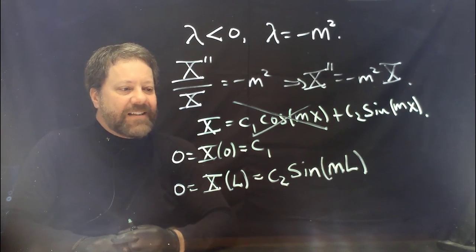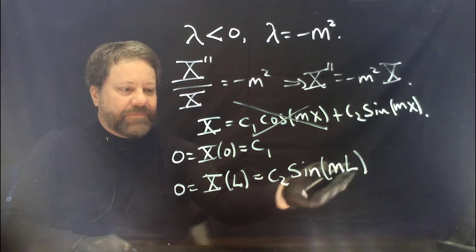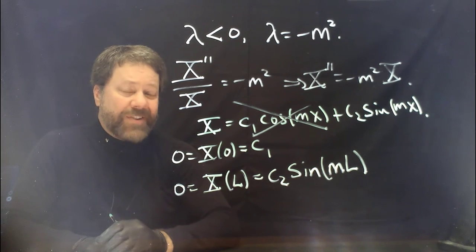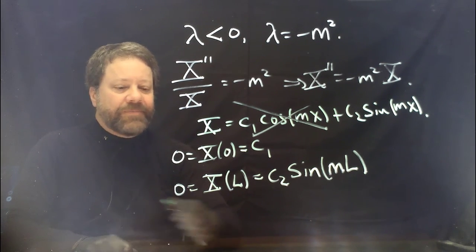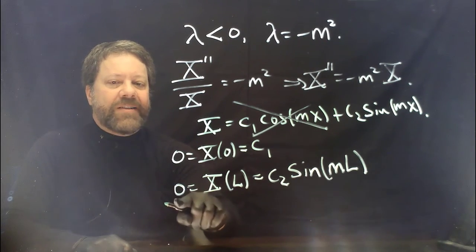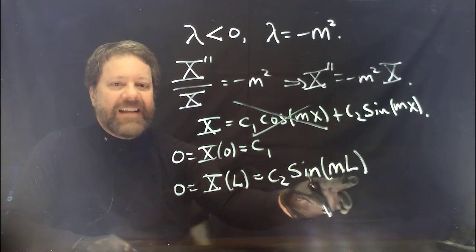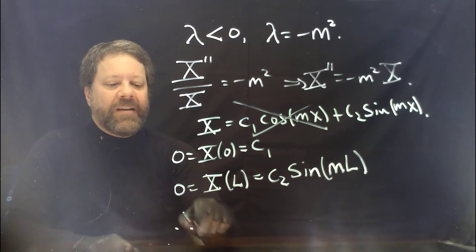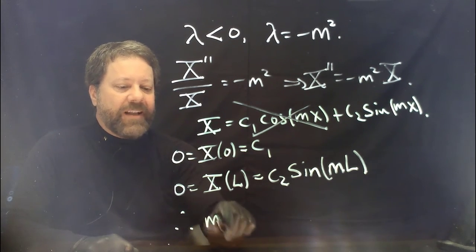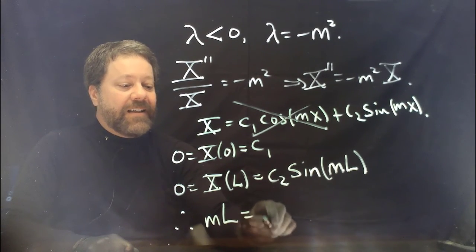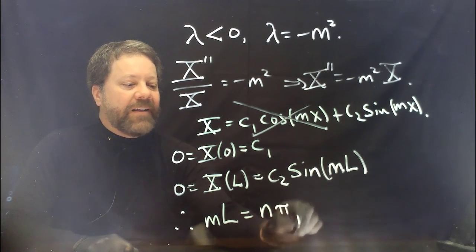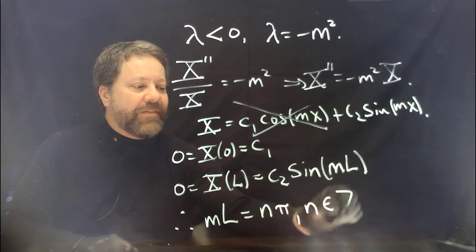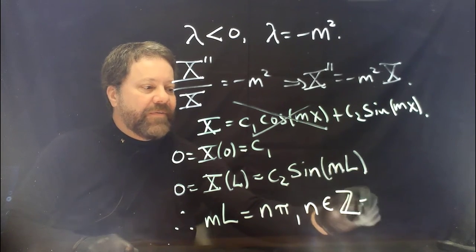What does that tell us about mL? We'll assume that c2 is not 0 so that we don't get something trivial. But sine is only 0 when you plug in integer multiples of pi. We deduce, therefore, that m times L is n times pi, where n is an element of the set of integers.